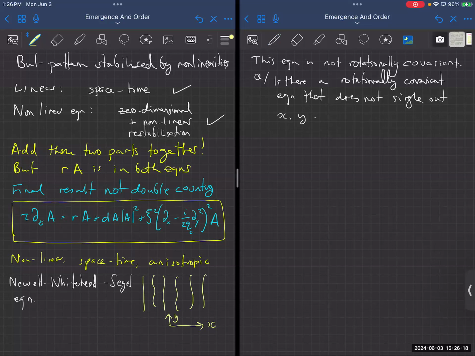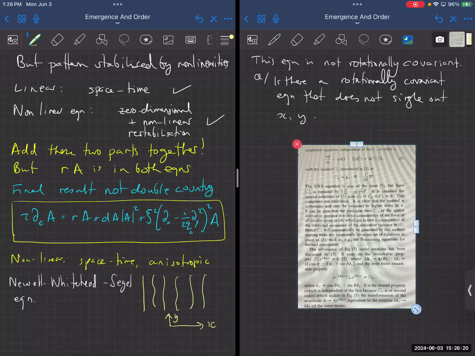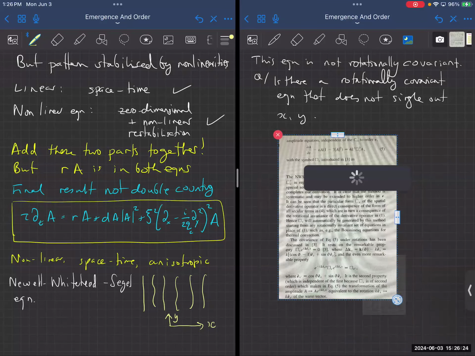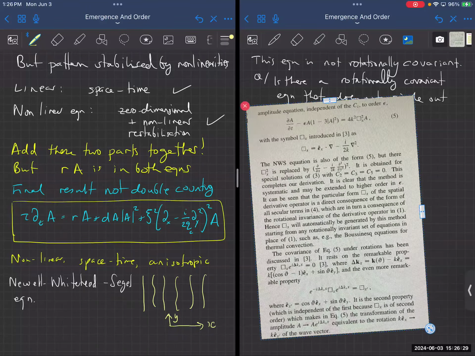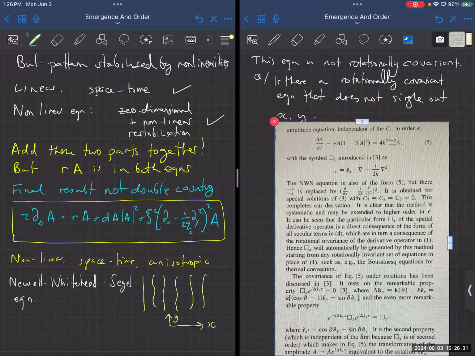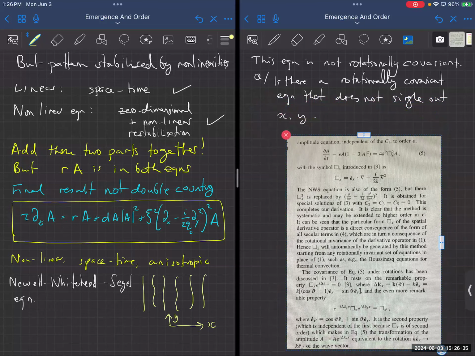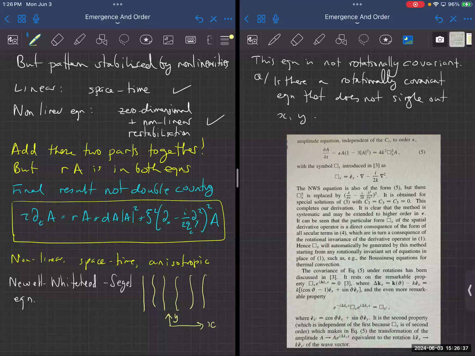So there is. So here it is. Okay, so there it is. If you do this calculation properly, you get this.